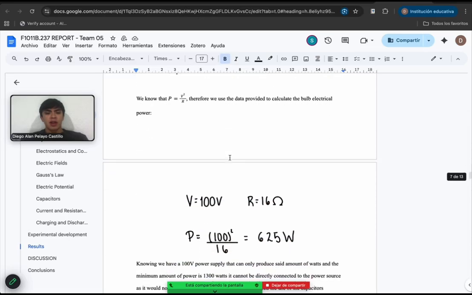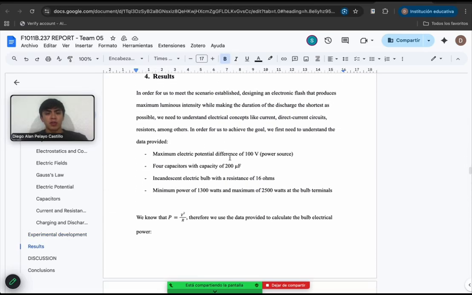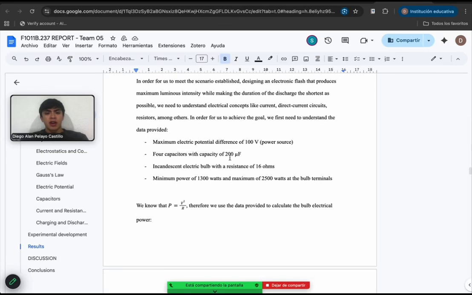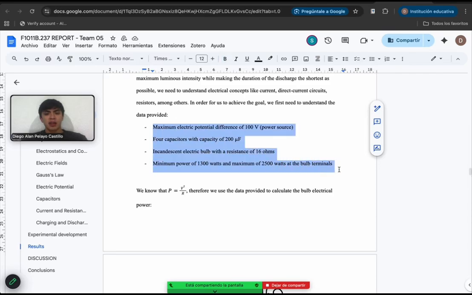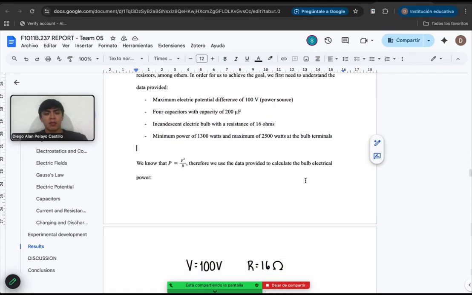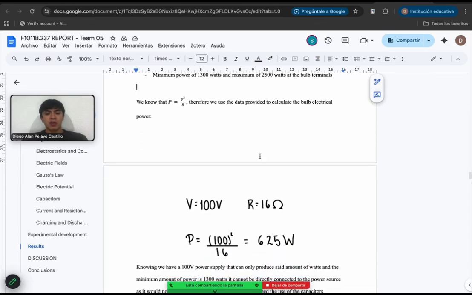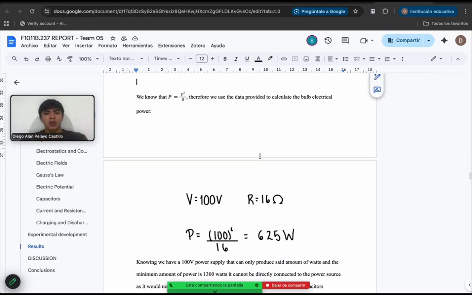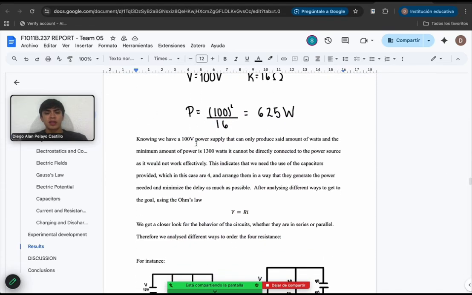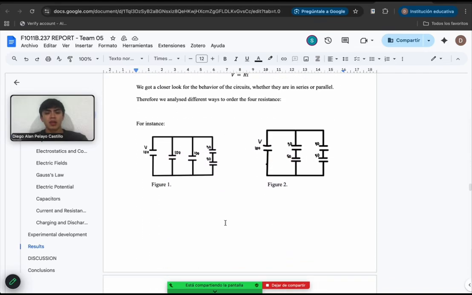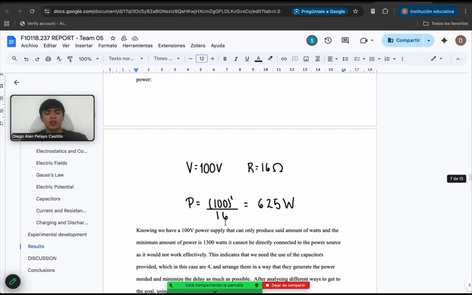So here is the whole part of the results, where we can see the parameters and the data that we were given by our professor, and here is how we start to use this data and the formulas that we already know in our favor to get to the result.